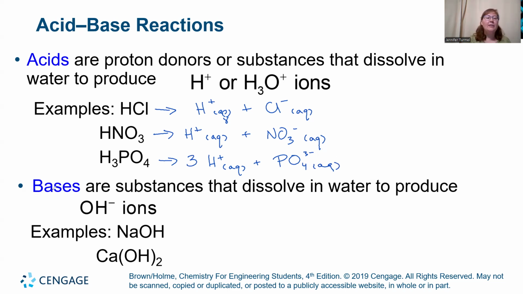Next, we have bases, and bases produce OH minus in water. Now, not all bases have OH minus in them. For example, ammonia doesn't have a hydroxide, but it does produce OH minus in water. I'll show you that as well. First, our sodium hydroxide in water would form Na plus and OH minus.